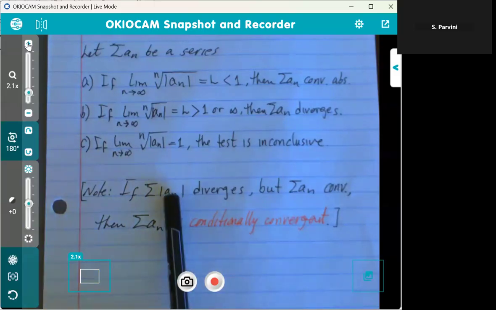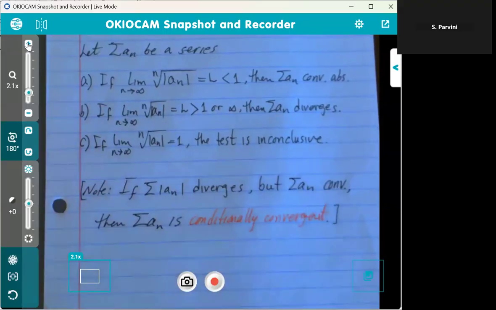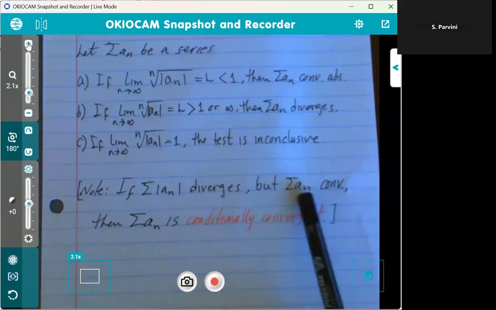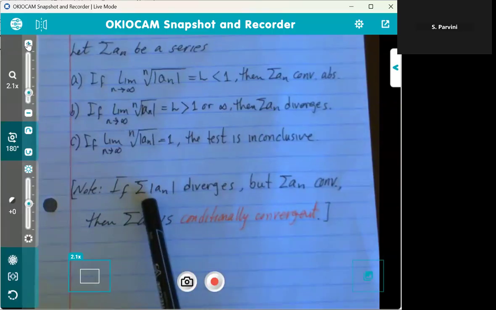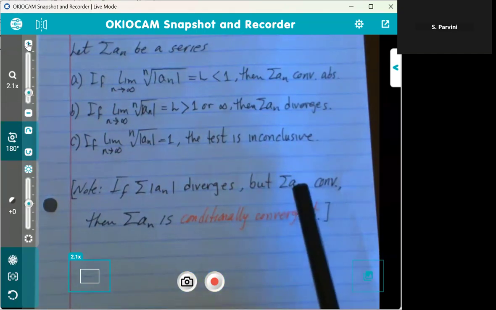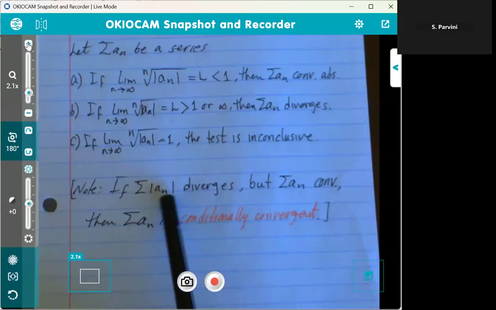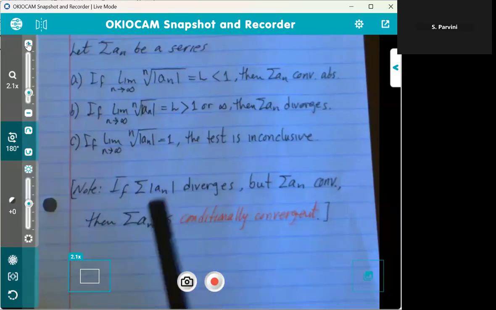The example I showed was the alternating harmonic series. The alternating harmonic series converges on its own, but its absolute value gives you the harmonic series, and that diverges.